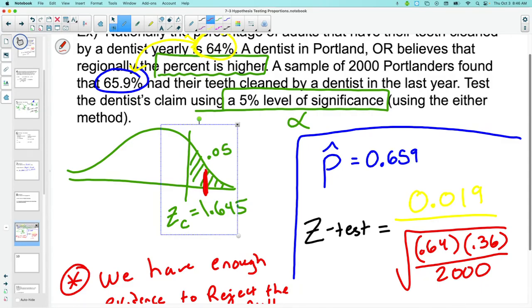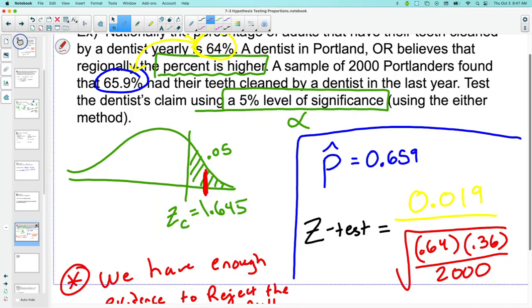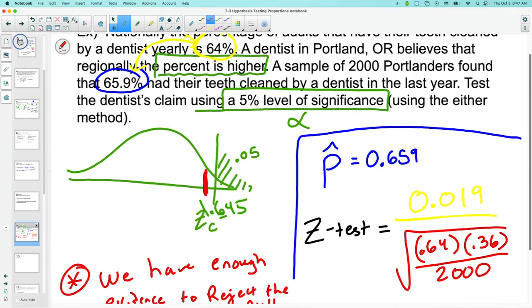I have a 5% chance that I have a false positive here, right? But, you know, is that enough, right? And anytime we do this test, there is always a chance that you have a false positive, right? It's just how do you adjust that? Because if you were to adjust this, right, maybe somebody said, well, I don't want it to be 5%, I'm gonna move this out farther, maybe make it 2% or 1%.